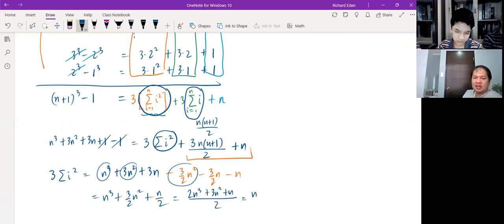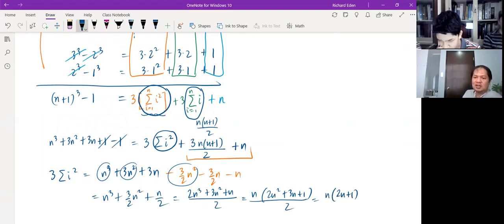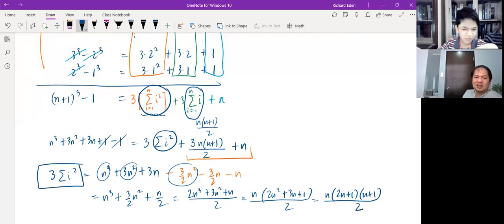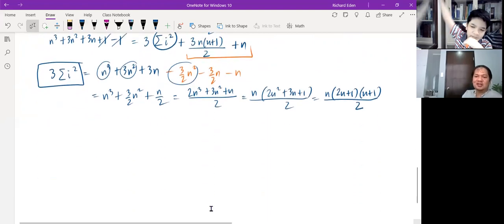You can factor out n: 2n squared plus 3n plus 1 over 2. So n and then 2n plus 1 along with n plus 1 over 2. That's 3 times the sum of the squares.